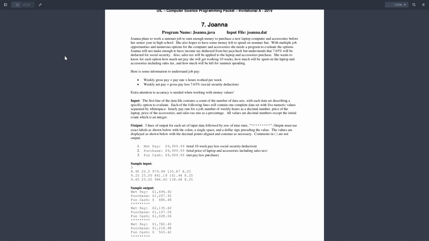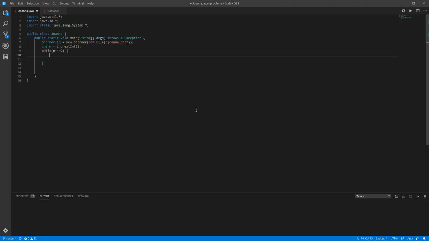So then, let's see here. We're going to read in 5 numbers. And they each represent a different thing. So pay rate, hours, price of the laptop, price of accessories, and sales tax. Okay, so pay rate. I'm going to say double payRate equals n dot next double.